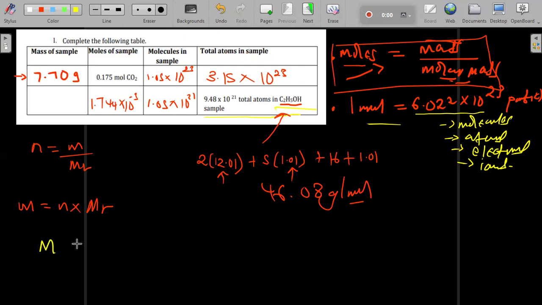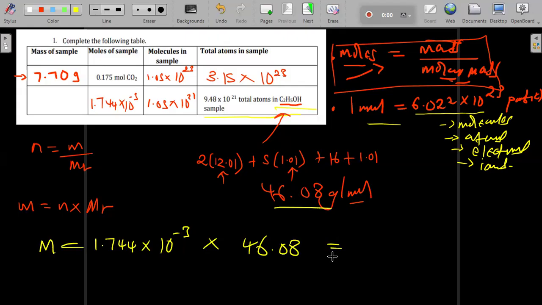So our mass will be equal to 1.744 multiplied by 10 to the power minus 3, multiplied by the molar mass here, which is 46.08. So when we multiply this, what are we going to get?